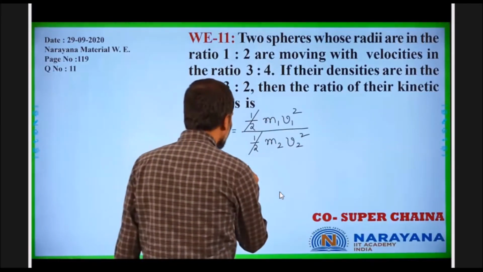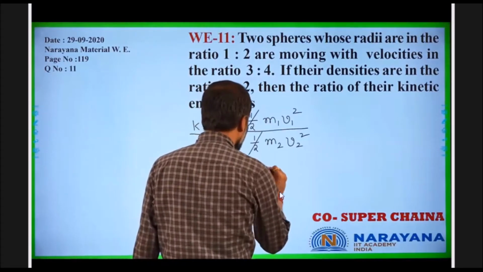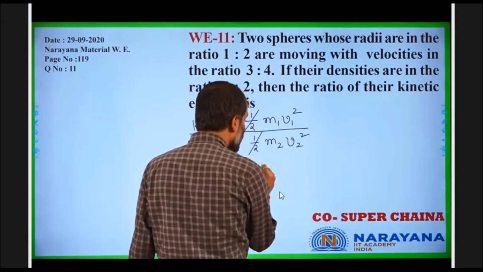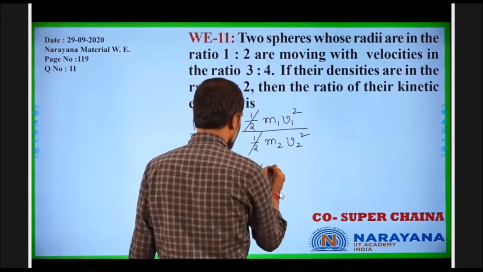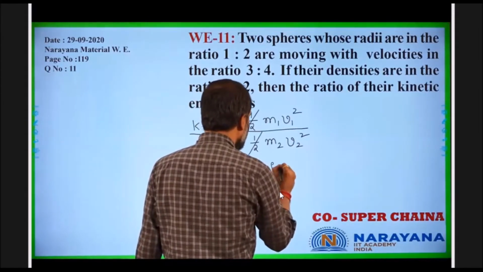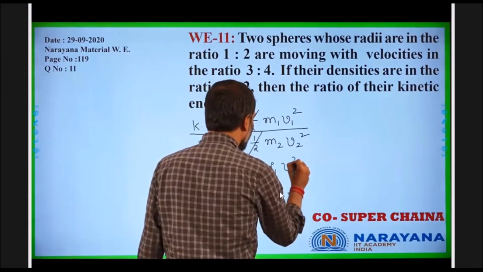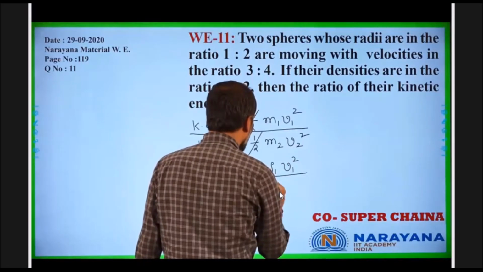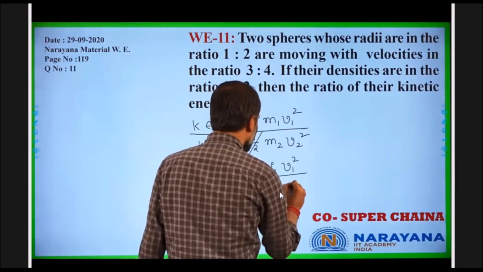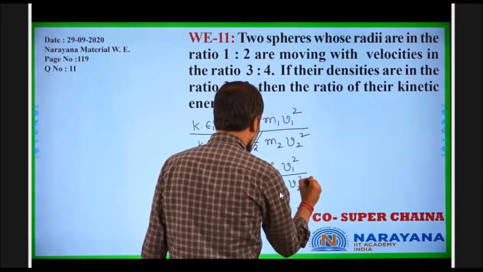Now mass can be written as volume times density. This v is volume and this v is velocity. Volume times density into v1 square by volume times density into v2 square.